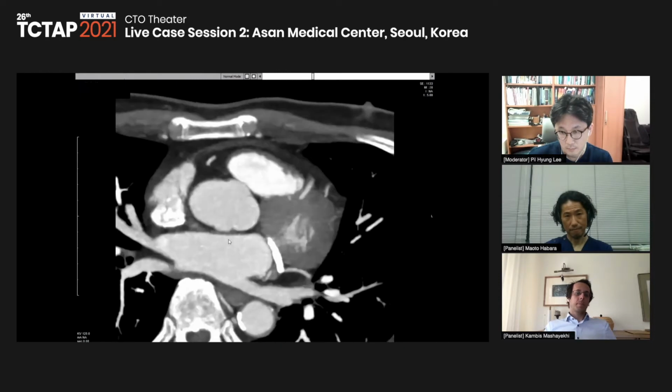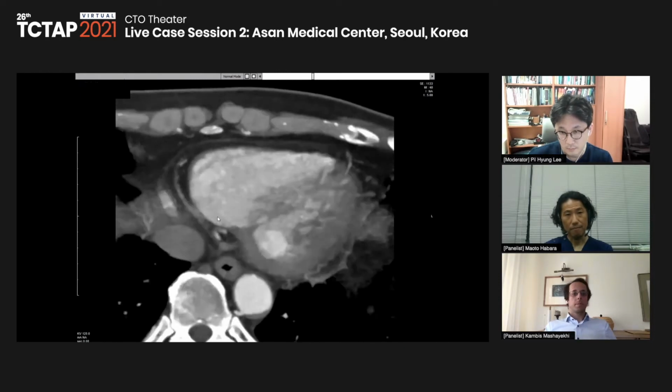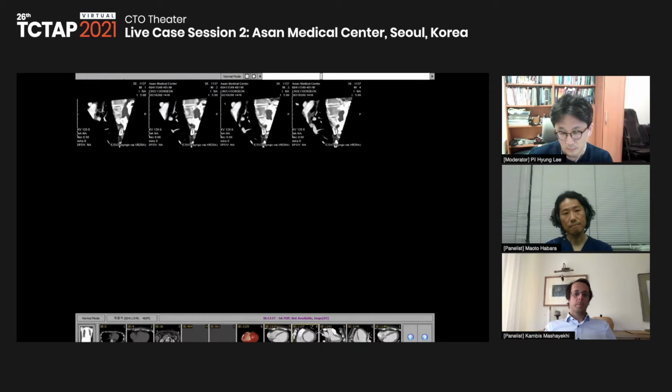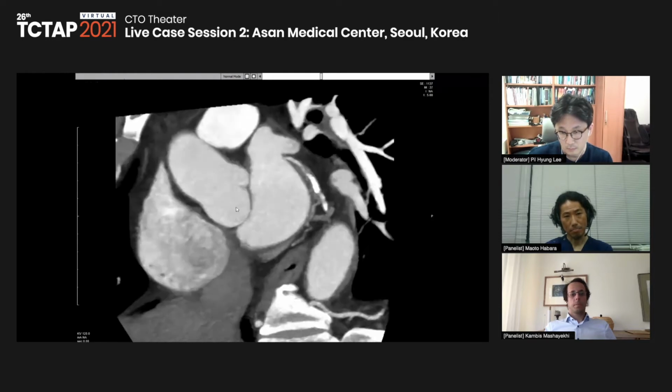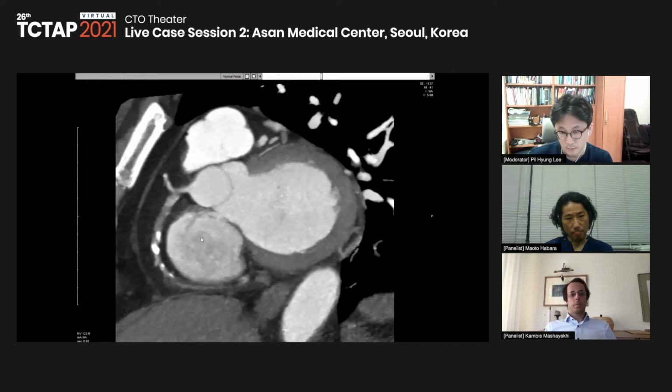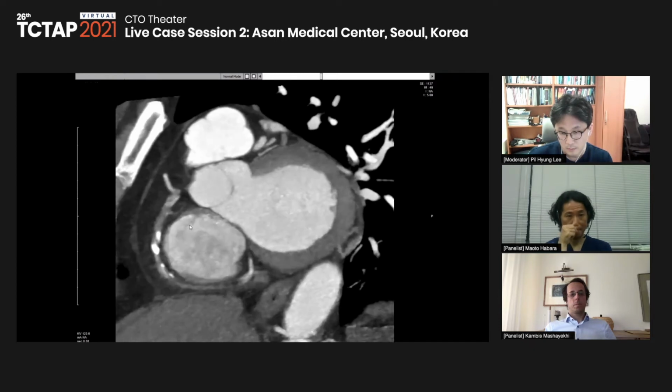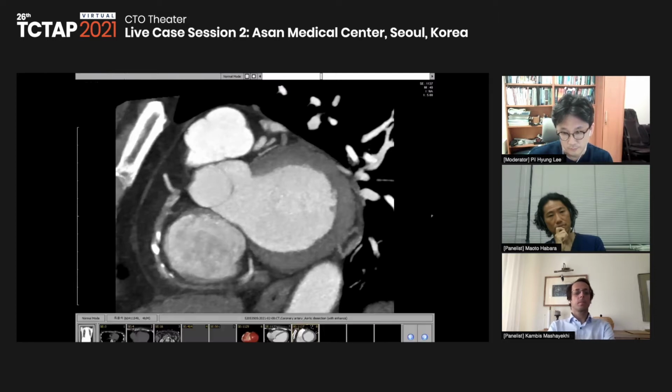In the LAO view, if I'm lucky enough to see the calcification in the angio, then my wire has to pass through the CTO segment toward the greater curvature of the first calcium.